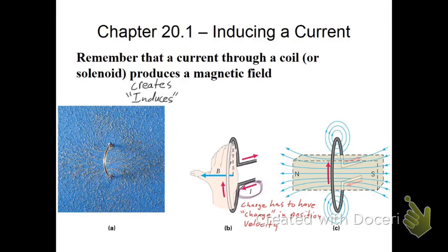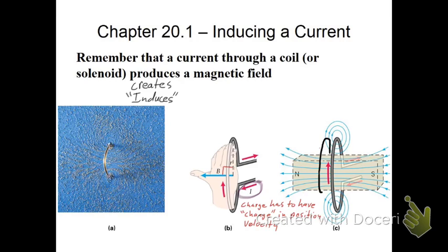Another thing that has to happen is this field is going to be created perpendicular. These fields are vector quantities, and direction is very important. We have our right-hand rules that are based on the current and the magnetic field being perpendicular to one another.